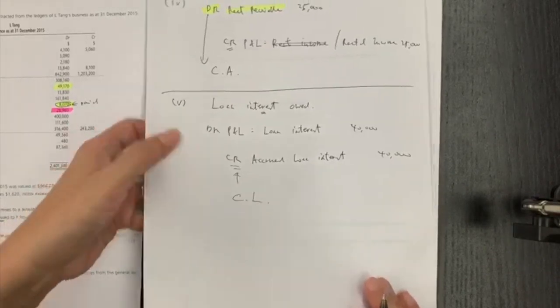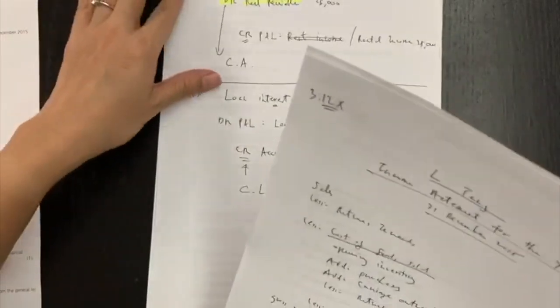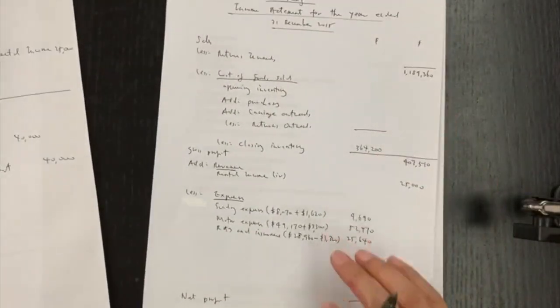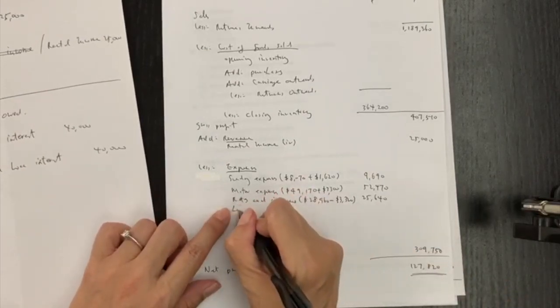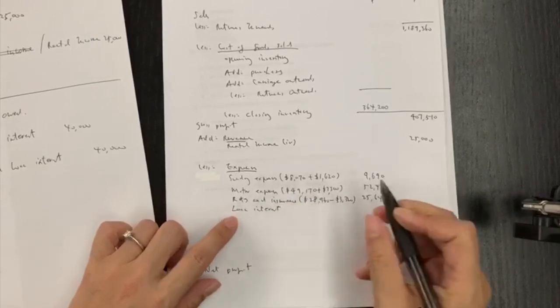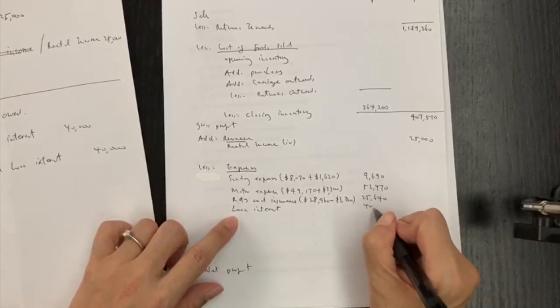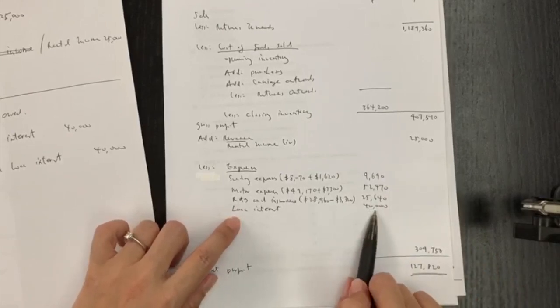Okay, now I do posting. So I will have, where's my income statement? So this is my income statement. So I will have this expenses. I will have loan interest, which is 40,000. Whenever we have expenses, we have to pay. However, owed means not yet paid.